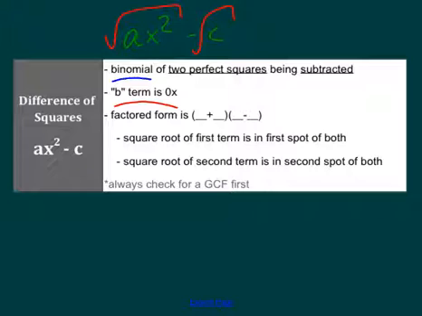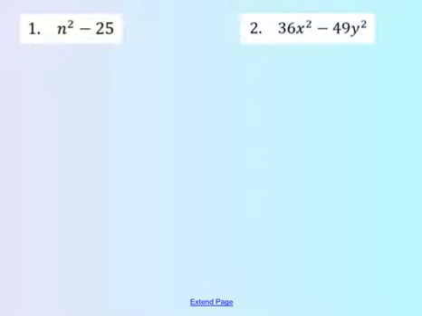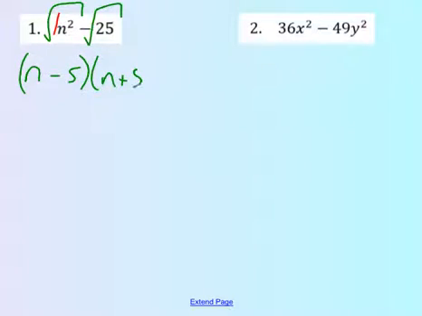And it also always says to check for GCF. So let's see what this looks like. Basically, if you square root 1, you get 1. So I know I can square root this, square root this. Square root of n squared is n, so n minus 5, n plus 5.